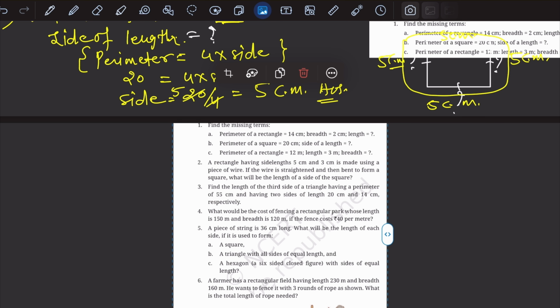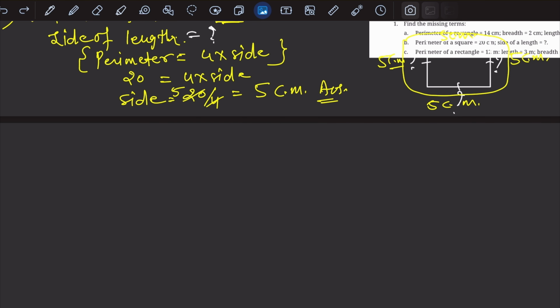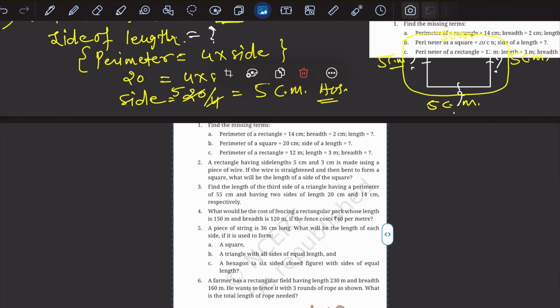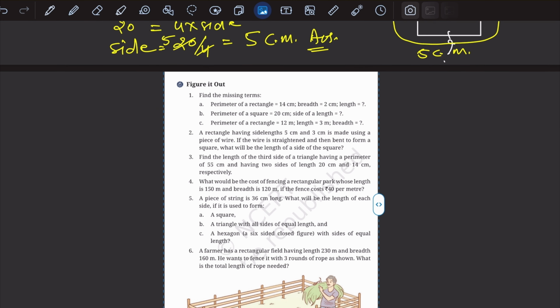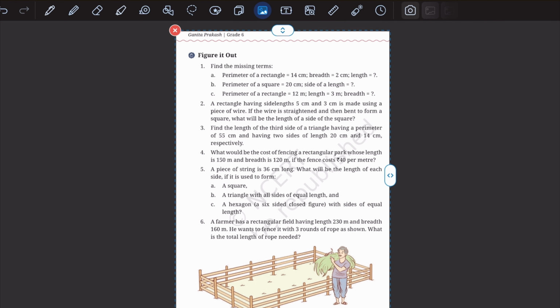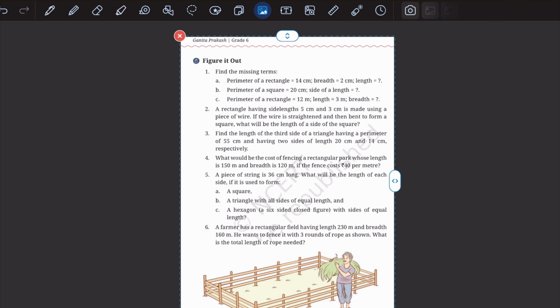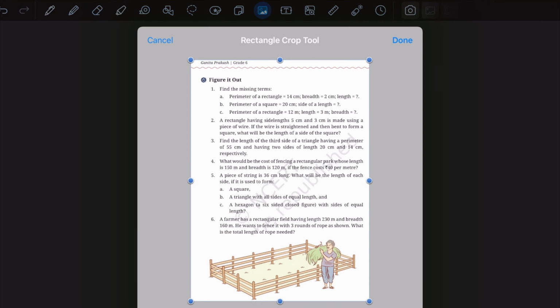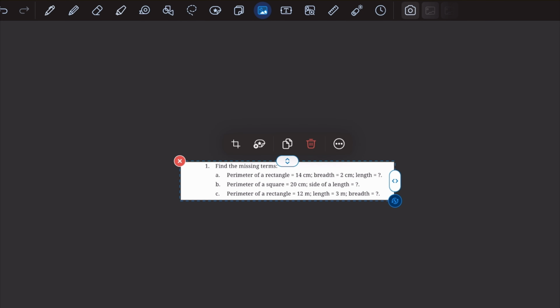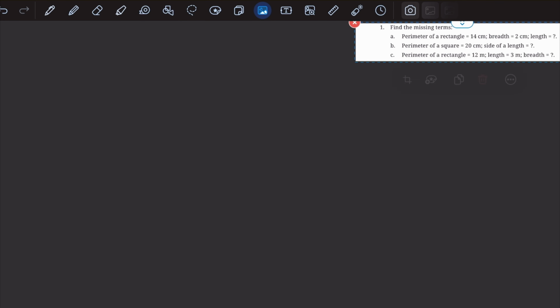So now I will take the image. Crop this one and this one. Okay, I will put it here.